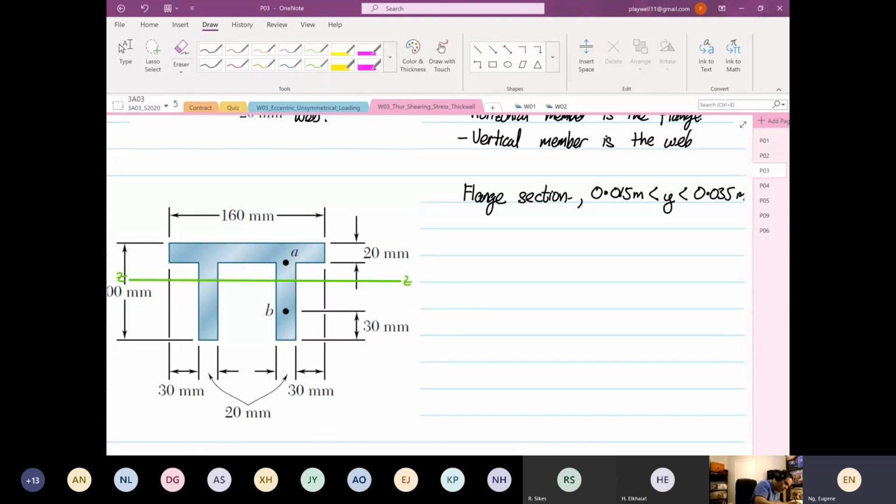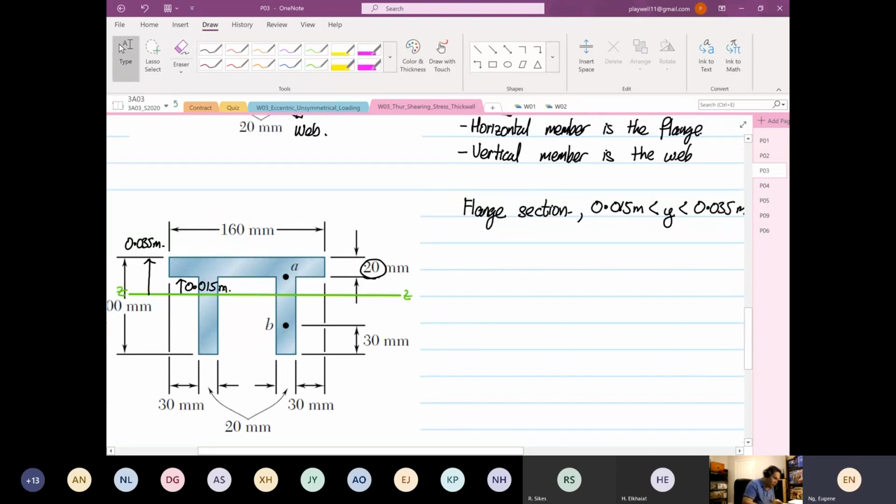The distance from here to here now is 0.015 meters, and the outermost is 0.035 meters, right? Because over here, this is 20 minus 35, which is 0.015, okay? Does that make sense? Yes or no?